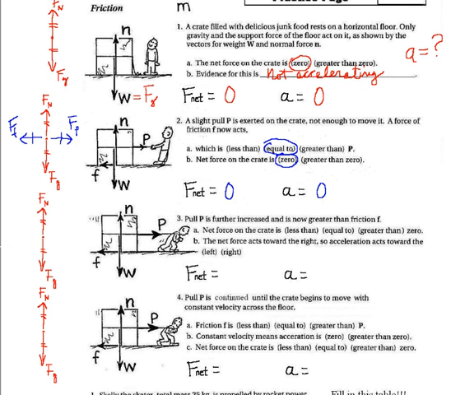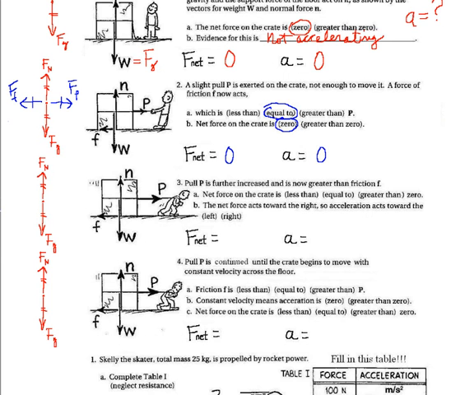So in the next one, he decides to go for it, and now he's going to increase it so that it's greater than friction. So this pull here is greater than friction, and this is what we call budging the box. So this one is greater than the friction, and the box budges, and it begins to accelerate forward. So now we are accelerating to the right, and we do have a net force.